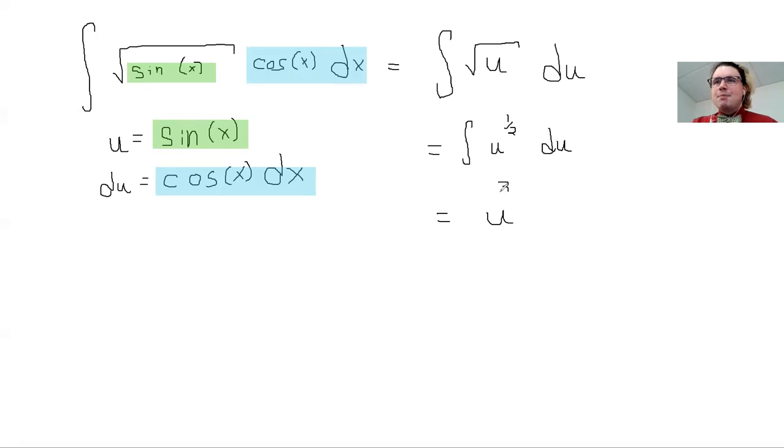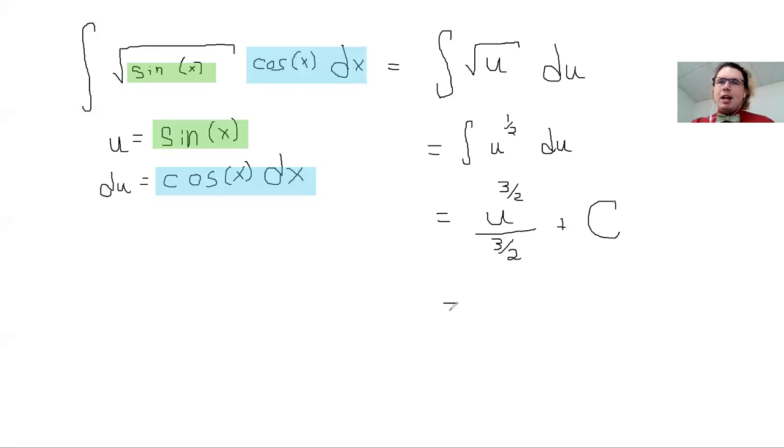I increase the exponent by 1. I divide by the new exponent. And because this is an indefinite integral, because this is an antiderivative, there is some unknown constant here. This problem was not given to me with enough information to figure out what the constant is, so I have to leave this plus c as a placeholder.